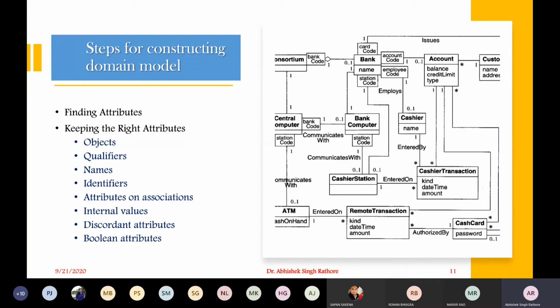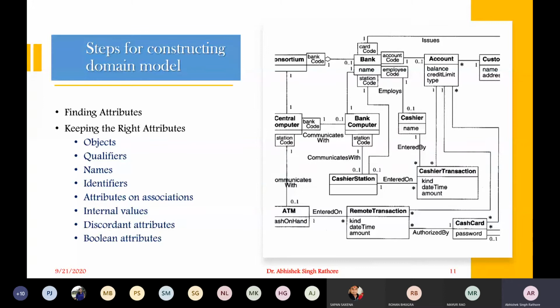So you can identify whether it is a qualifier or an attribute. When you are considering it as a qualifier, then you can remove this qualifier from your attributes, because we are considering only attributes in our model.